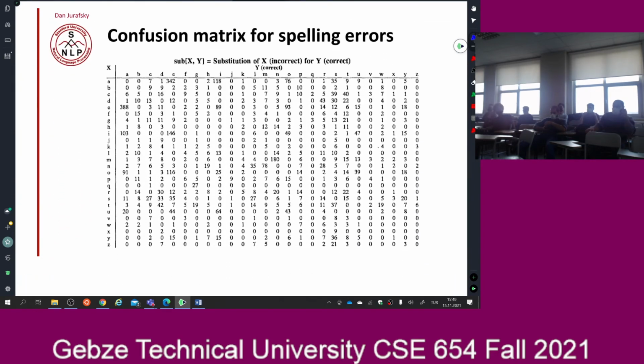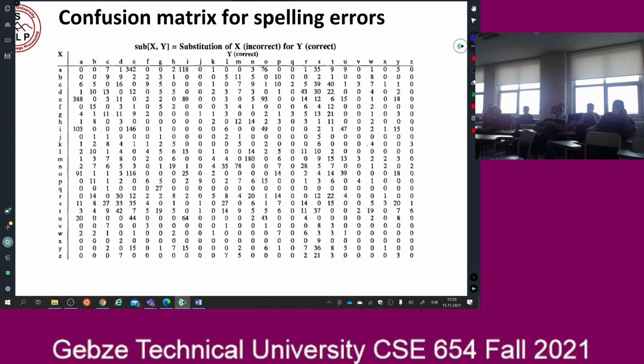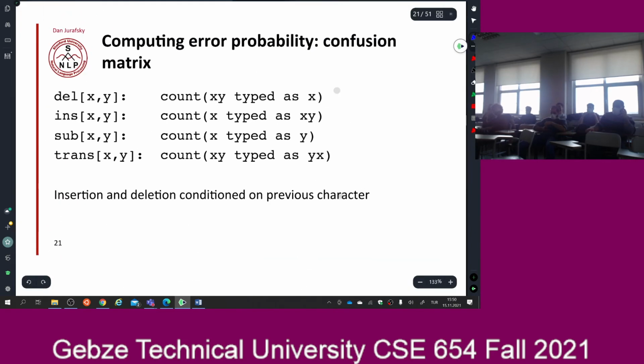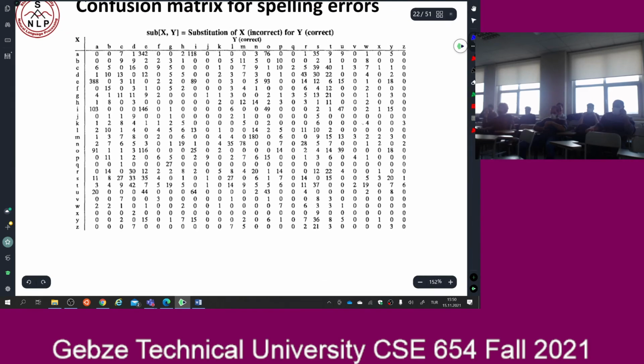We have these kinds of tables available for English. So this is sub[X,Y]. Here X is incorrect, Y is correct.